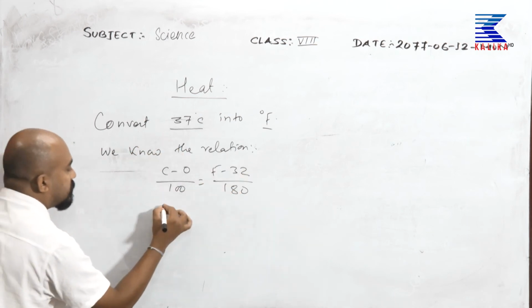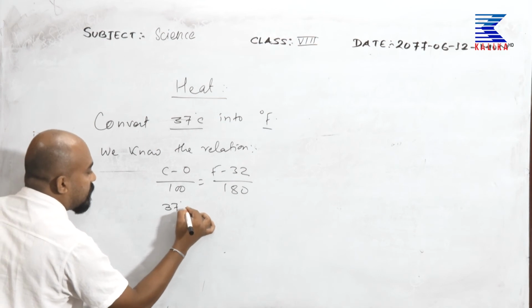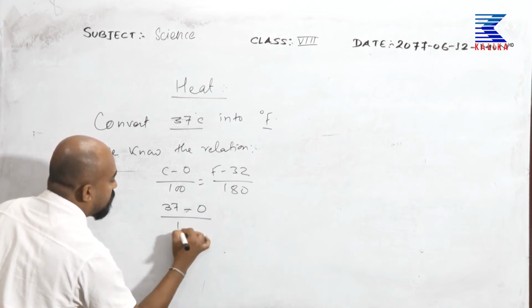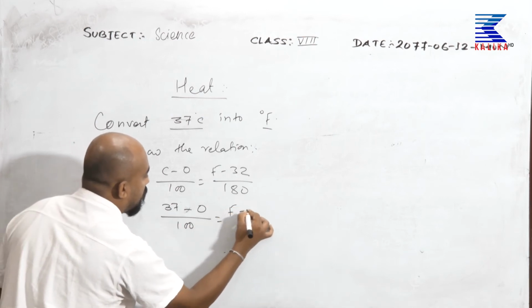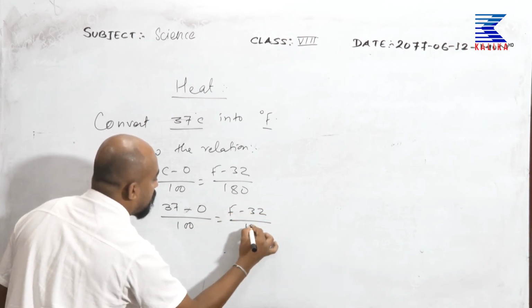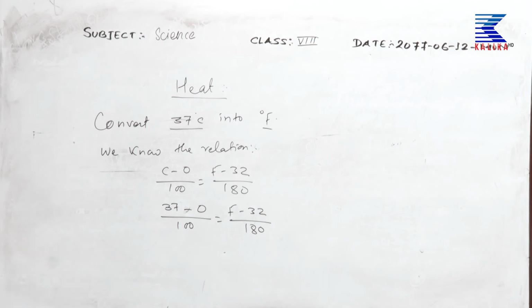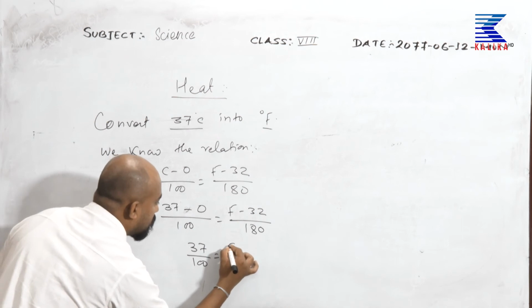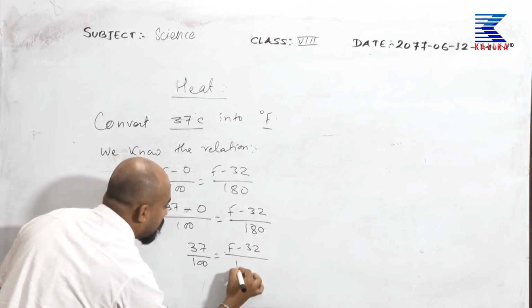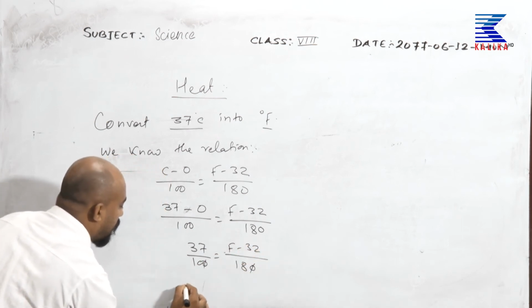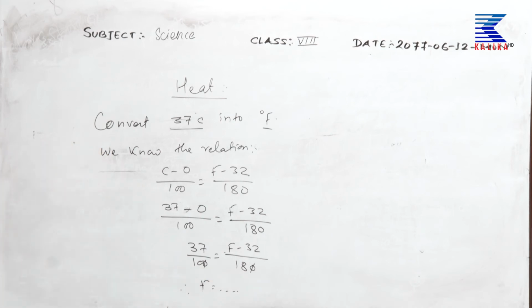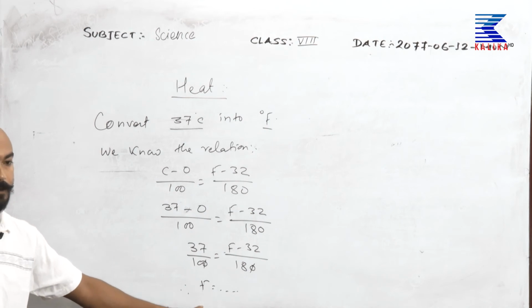C means 37 degrees Celsius, so 37 minus 0 by 100 equal to F minus 32 by 180, that is 37 by 100 equal to F minus 32 by 180. After calculating, you can get the value in degree Fahrenheit.